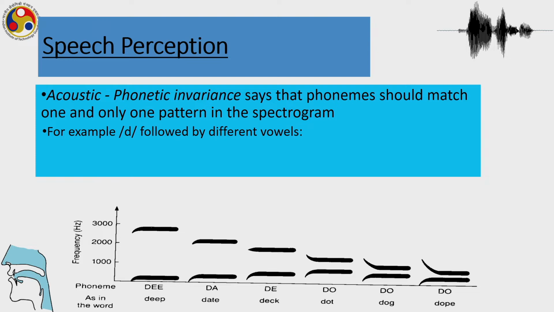Acoustic phonetic invariance says that a phoneme should match one and only one pattern in the spectrogram, that is to say that each consonant and each vowel will have only one pattern.